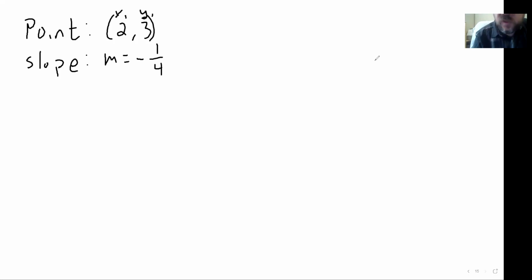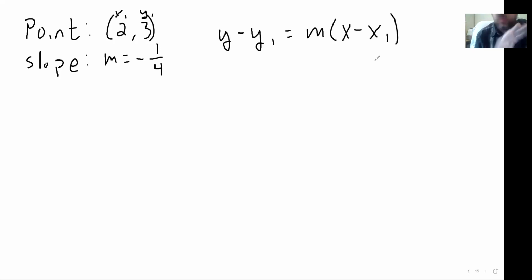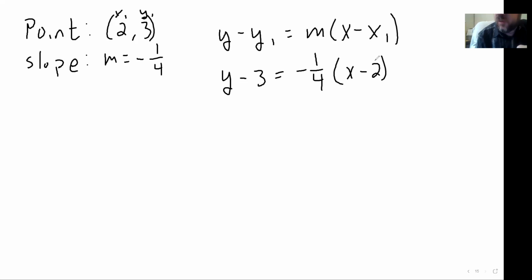I'm going to use the form y minus y1 equals m times x minus x1. The x and the y are variables. Those are the x and the y that are going to end up in our final line. x1 is 2, y1 is 3, and m is -1/4. So what I have here is y minus 3 equals -1/4 times x minus 2. And that is the equation of the line.